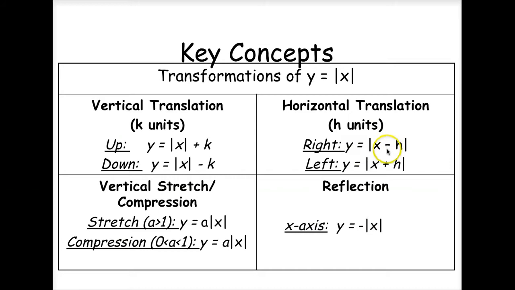And remember, it's opposite of what you think when it's inside the grouping symbol. A vertical stretch or compression: it'll be stretched if a is greater than 1, and compressed if a is between 0 and 1. And then there's a reflection across the x-axis if y is equal to negative on the outside of the grouping symbol of the absolute value of x.